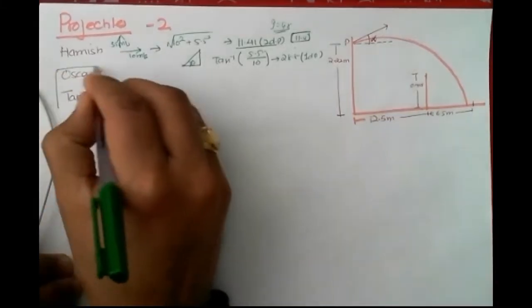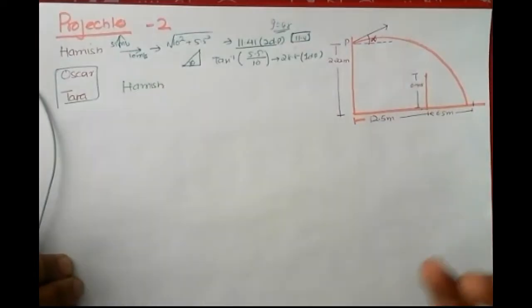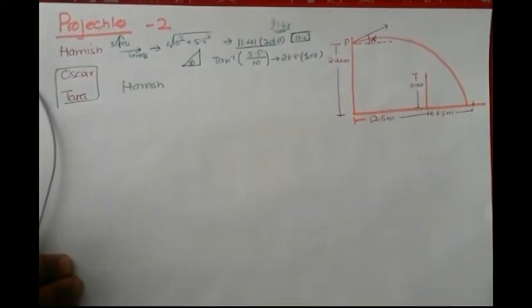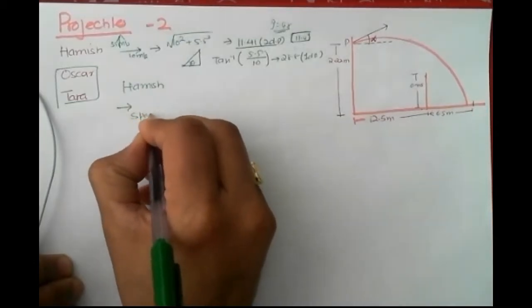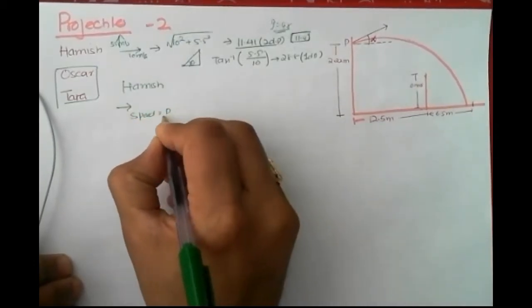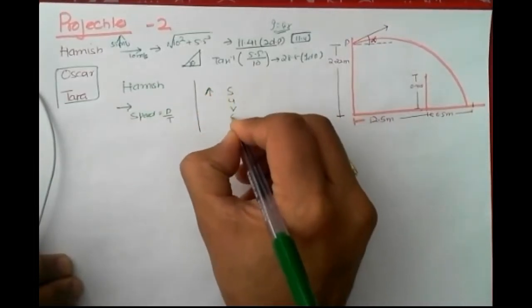Let's say we're working on Hamish again, and like I said, every projectile question can be done in two parts. Horizontally, it is speed equals distance over time, and vertically it will be a suvat equation.